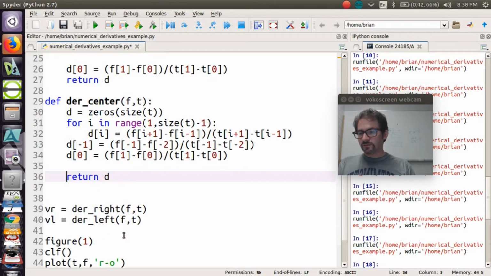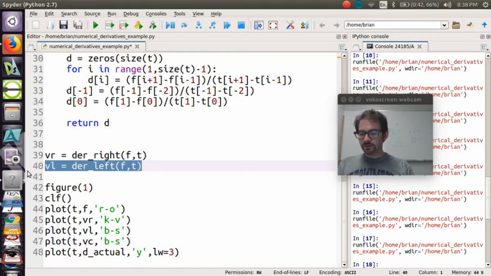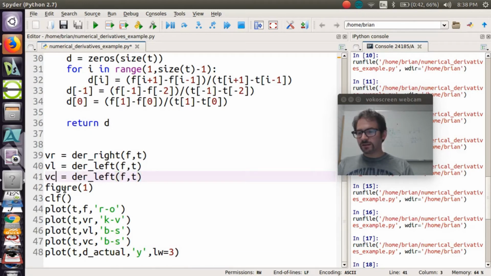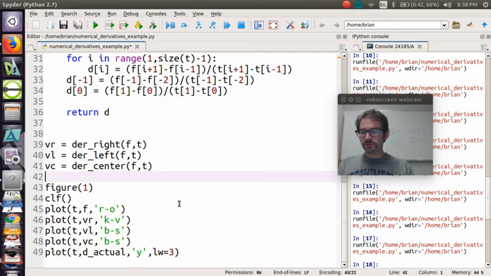Let's give that a try. We'll plot v center. Oh, what is this? I need to have v center will be dir center. So in these three lines, we're actually taking those derivatives using our functions, and we're storing the output of the function in arrays for each estimate of derivative.